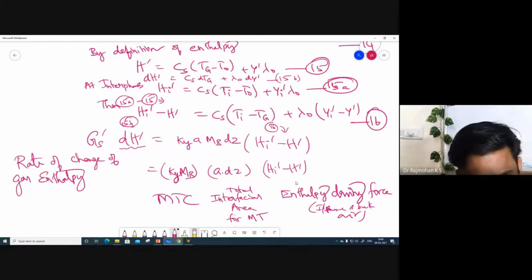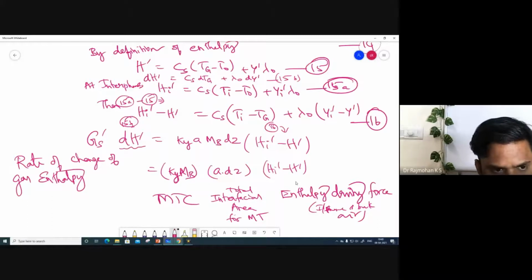What is this? This is kilojoule per kg of dry air multiplied by kg of dry air. What you can see in the unit is kg of dry air multiplied by kilojoules per kg per meter square hour. So the kg gets cancelled. It is kilojoule per meter square hour.